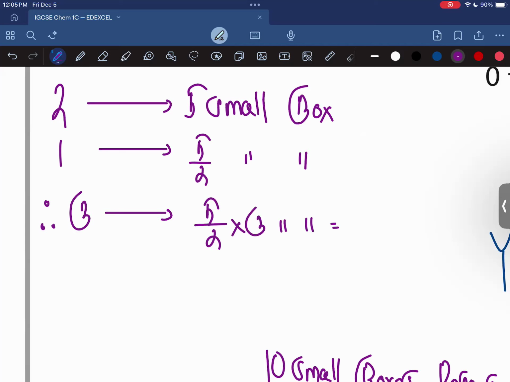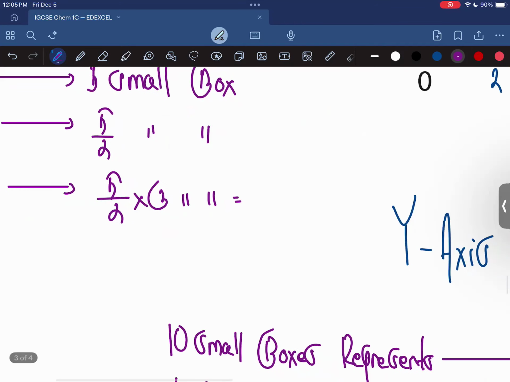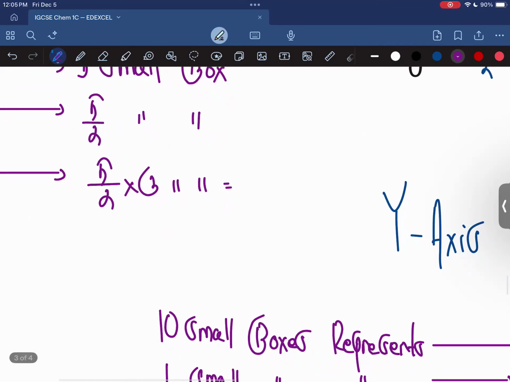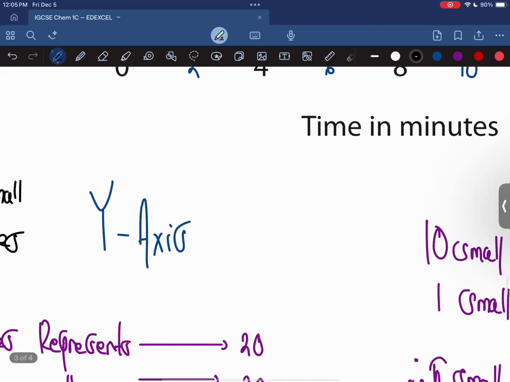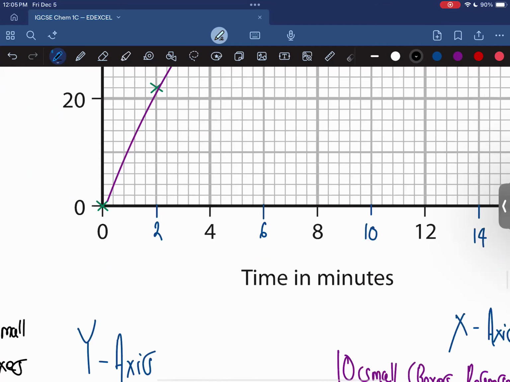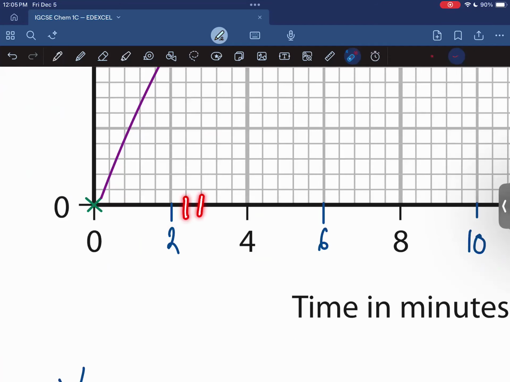So this should be 5 by 2 times 3. This should be 7.5 small boxes. So 7.5 small boxes should mean 3, right? So 5, 6, 7, 7.5, right? This is 5 small boxes, 6, 7, 8, 7.5.